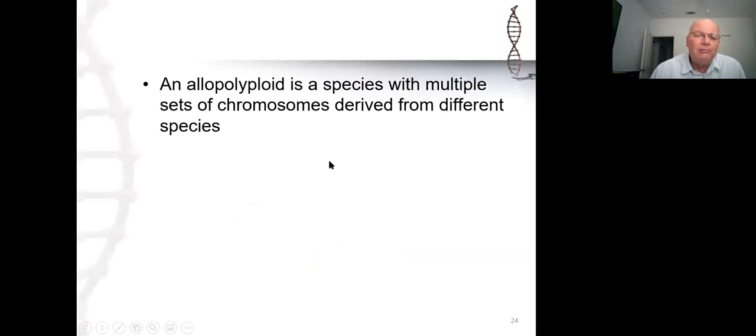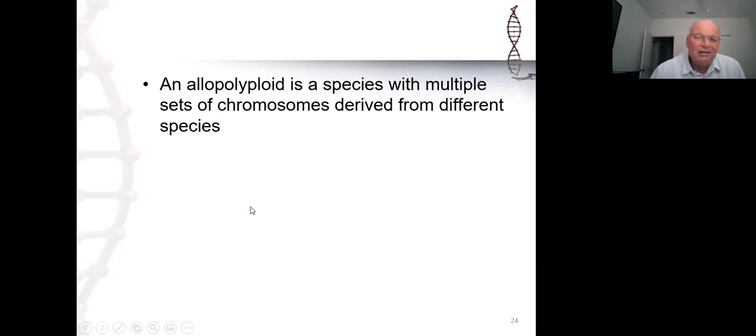Allopolyploidy requires multiple species typically to create a hybrid that is a chromosomal fusion, a hybrid of the two parentals that then becomes fertile itself, but is no longer capable of reproducing with either of the two parental species.